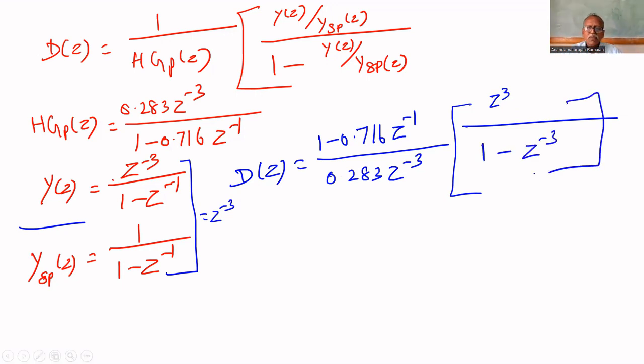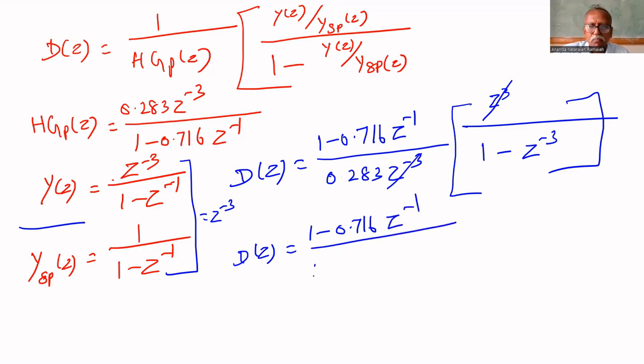This Z power minus 3 gets cancelled. Therefore, D of Z equal to 1 minus 0.716 Z power minus 1, whole divided by 0.283 minus 0.283 Z power minus 3.